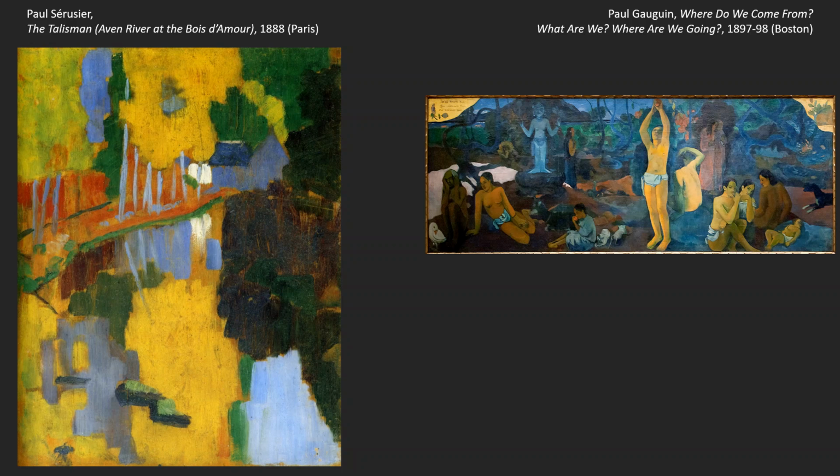That can ward off evil. That's a talisman, right? And they kept this work, Sérusier kept this work, and a number of other artists saw it, thinking that it had these sort of quasi-mystical powers, like an idol from Byzantine Europe, right? That it could actually have some sort of presence or power, right?